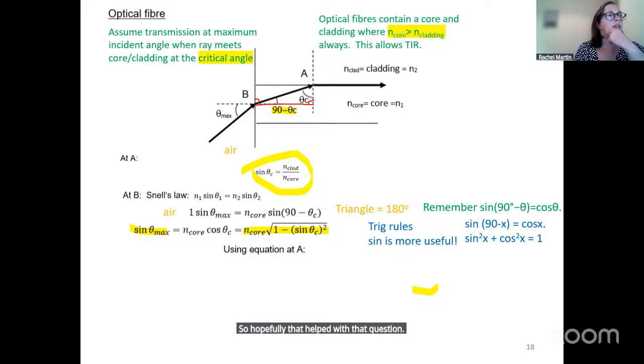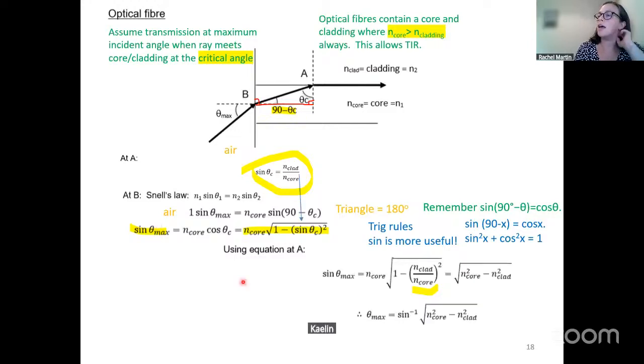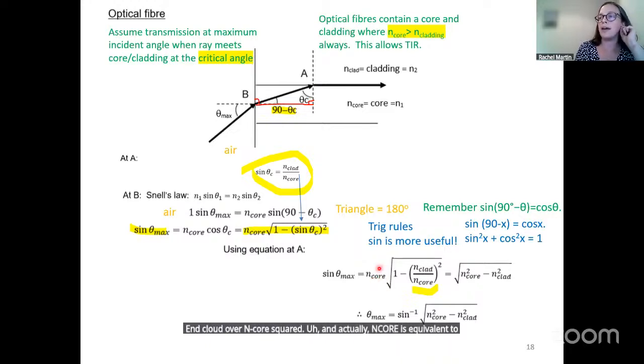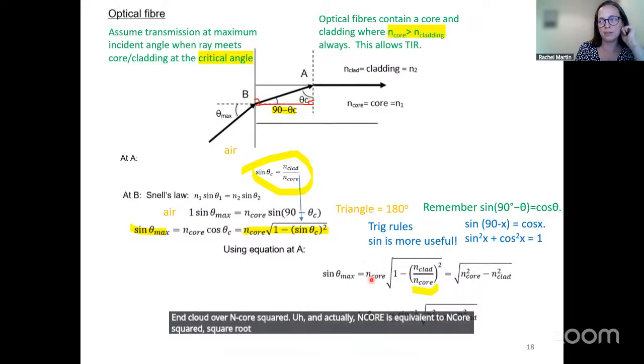The last, good question as well, the square roots at the end, for Kaylin. If you multiply out n cladding over n core squared, and actually n core is equivalent to n core squared square rooted, if that makes sense, without being able to draw this right now.